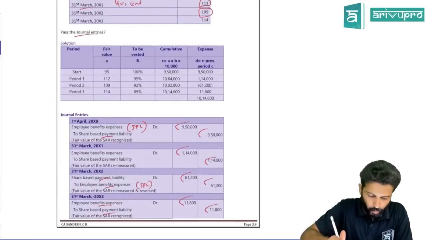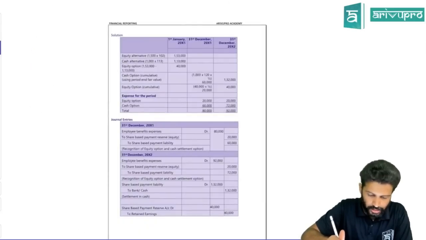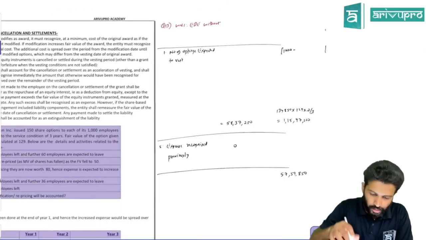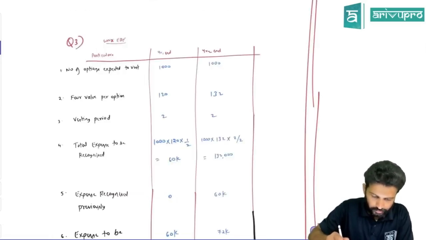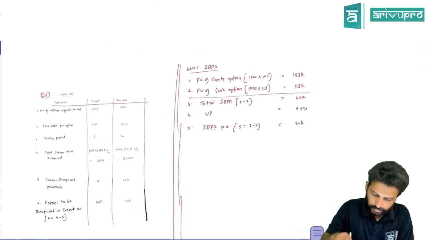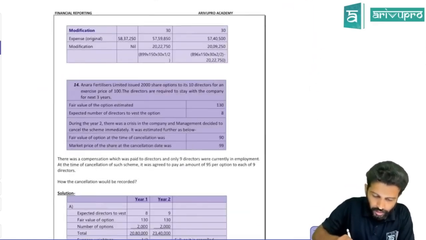So we'll take up one question which has this. One second, I'll show you that. Question number 3 we want. Where is it?